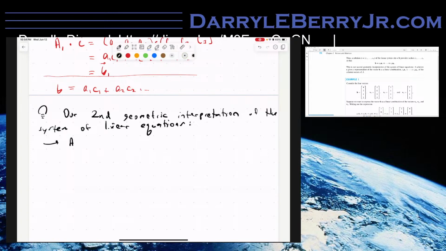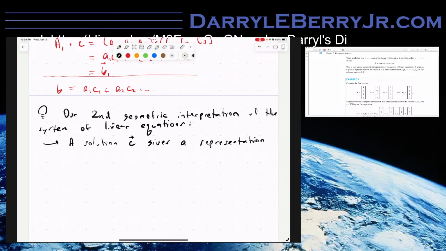A solution C gives a representation of the vector B as a linear combination.